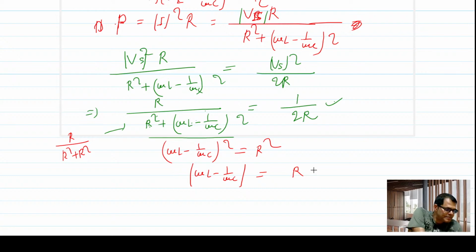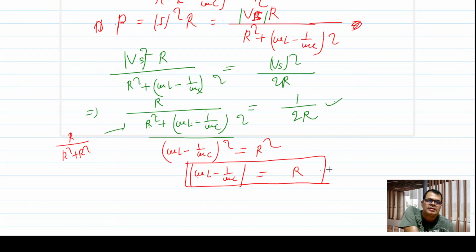Magnitude, it can be positive, negative. So omega L minus 1 upon omega C can be R or can be minus R. Both will satisfy this. So this is the half power condition. This is another question.